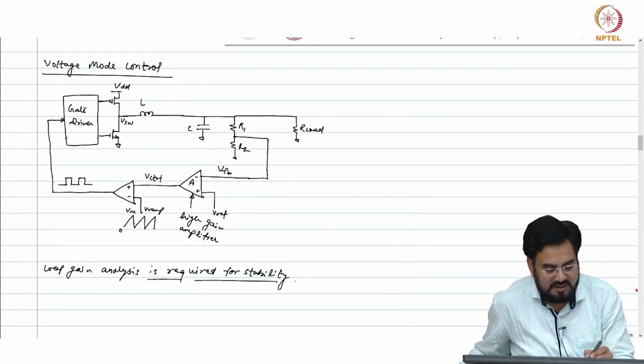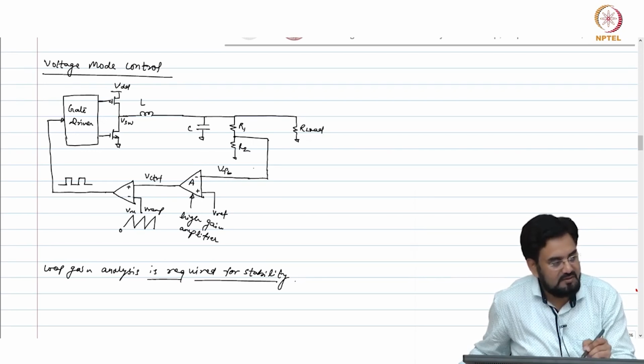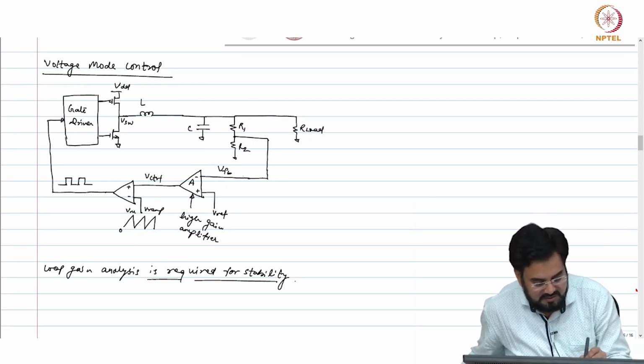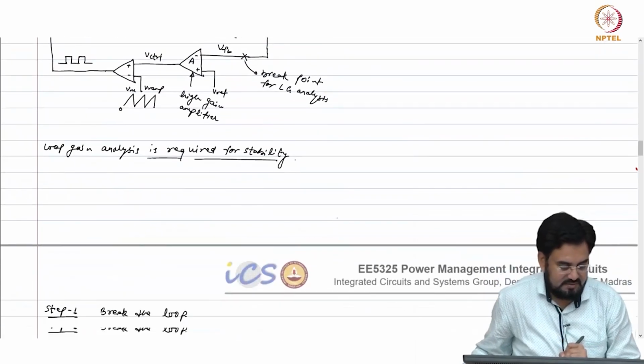You can break here and move this part to the other side, so that will remain, but VFB is the preferred point. So, this is the break point for loop gain analysis.